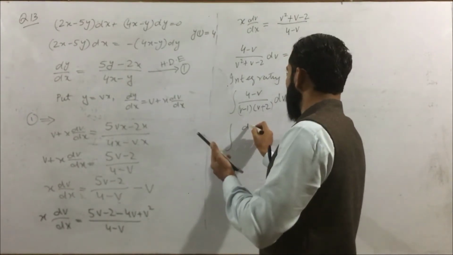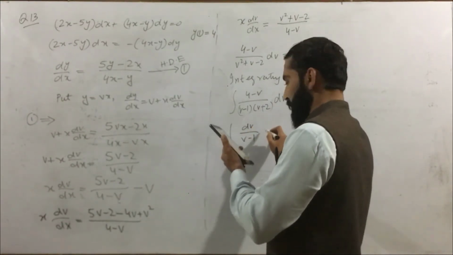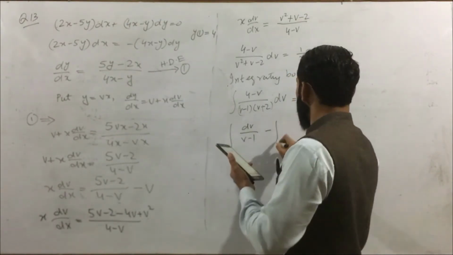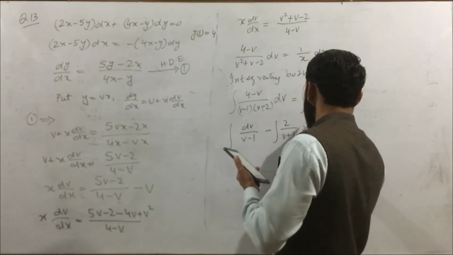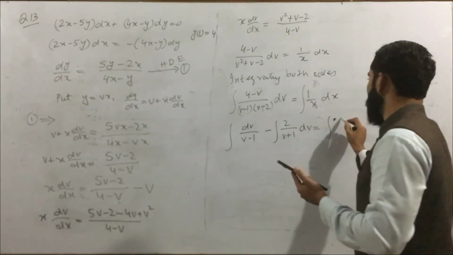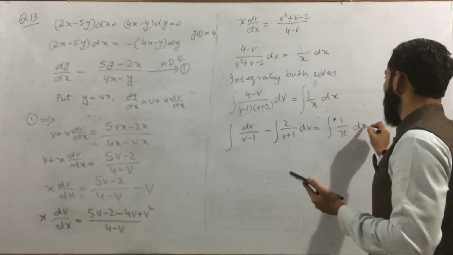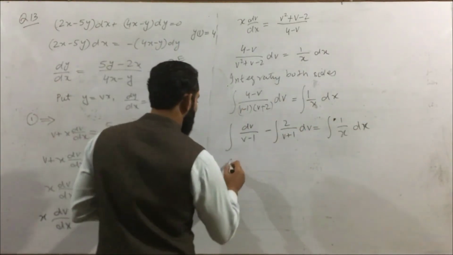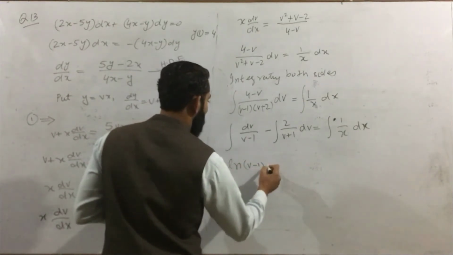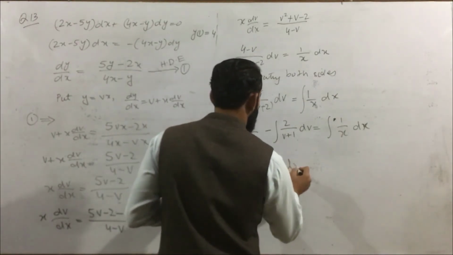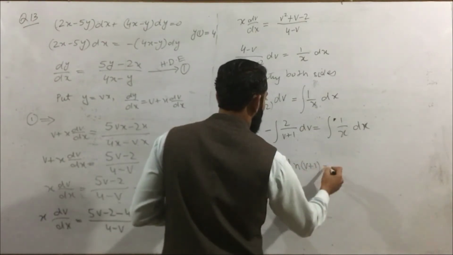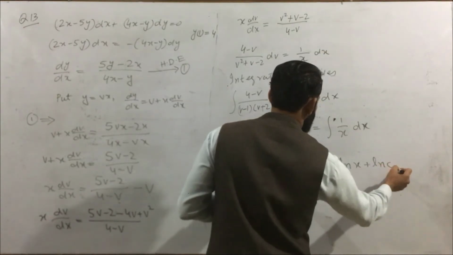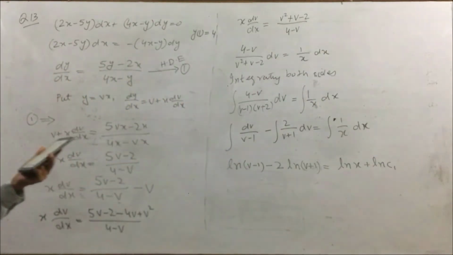So we have integration of dv over (v minus 1) minus integration of 2 over (v plus 2) dv is equal to integration of 1 over x dx. Natural log of (v minus 1) minus 2 natural log of (v plus 2) is equal to natural log of x plus natural log of c1. c1 is the constant.